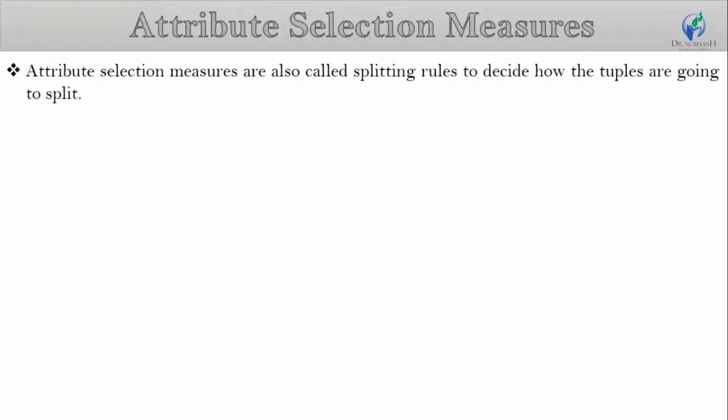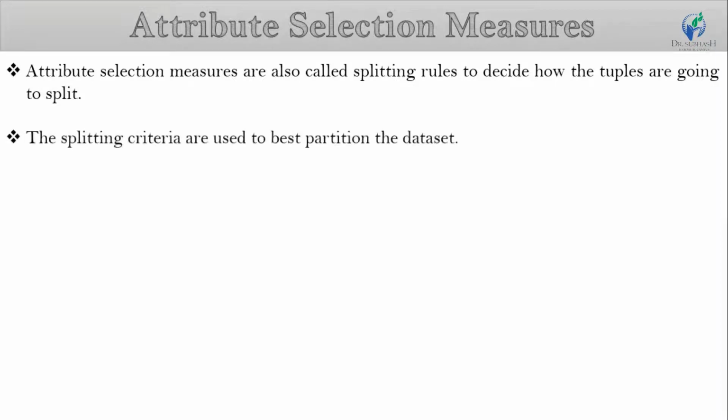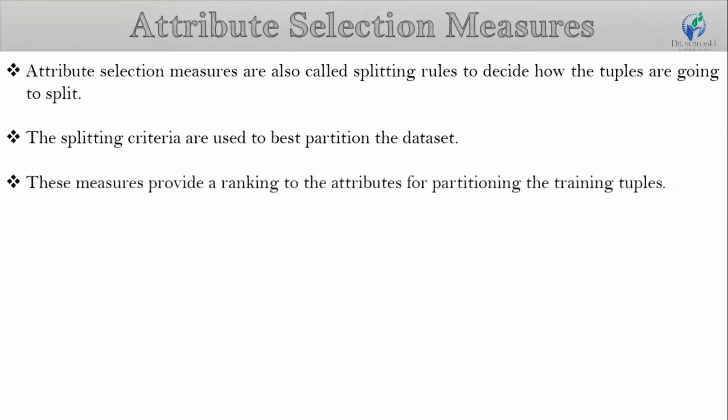Attribute selection measures are also called splitting rules, which decide how the tuples are to be split. The splitting criteria are used to best partition the data set. These measures provide a ranking to the attributes for partitioning the training tuples. The most popular methods of selecting attributes are information gain, Gini index, and gain ratio.